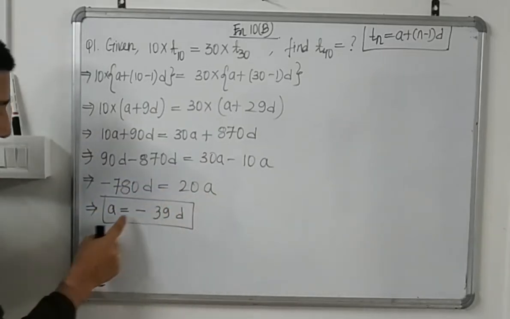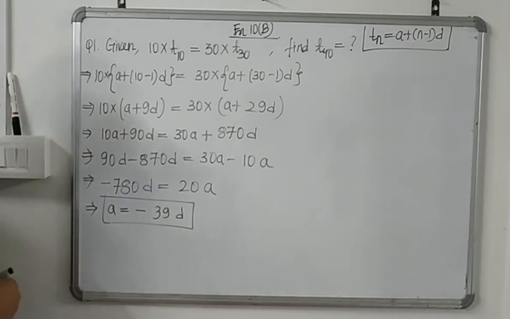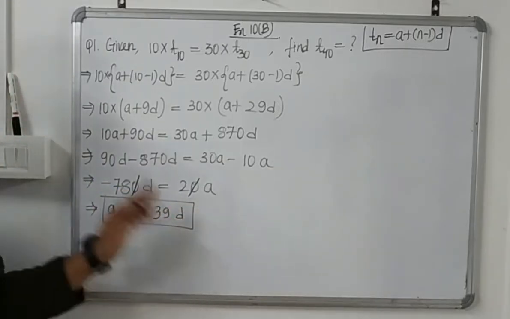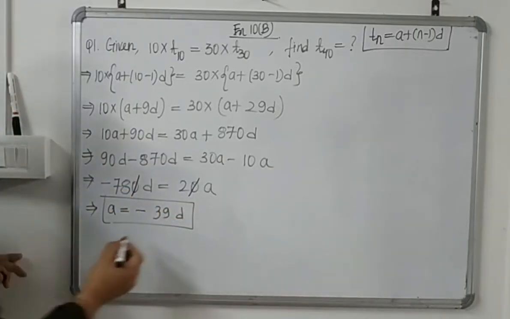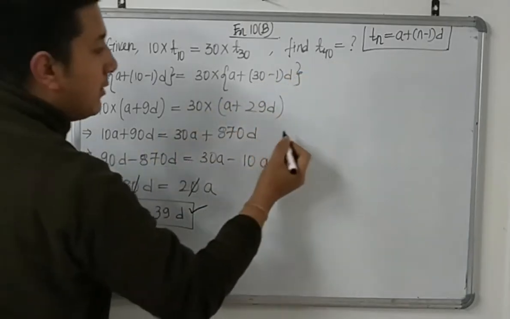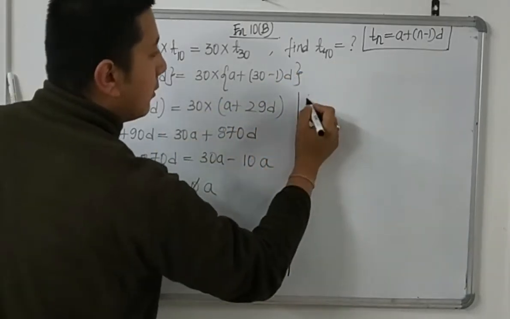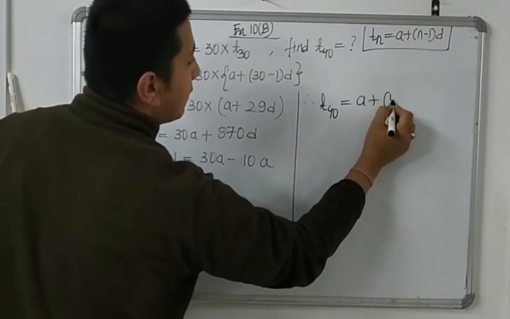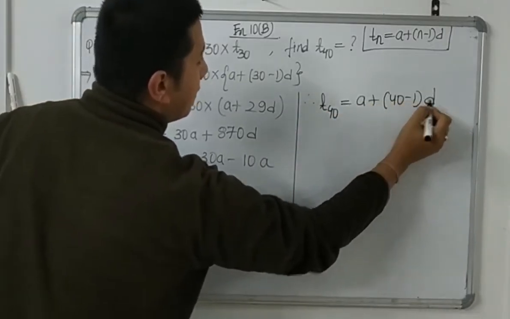Now from here you can find the value for a, because the zeros get cancelled out and a is equal to minus 39d. Okay, so this is the value for a. But what are we asked to find? T40, isn't it? So therefore T40, use the formula a plus 40 minus 1 into d.